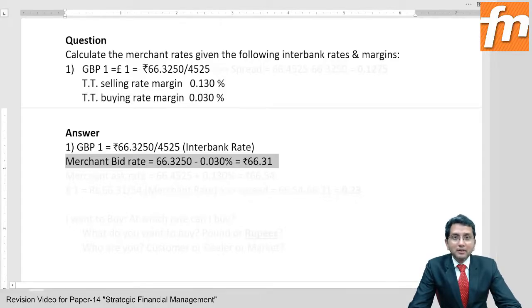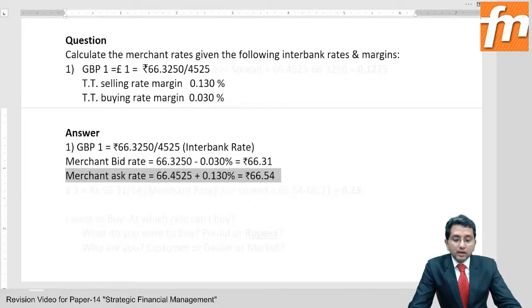Yes, for the bid rate, the margin is deducted. While buying, you'll buy at the lower rate, 0.03%. And if you solve it, you'll get 66 point something something, rounded off to 2 digits, and it will be 66.31.